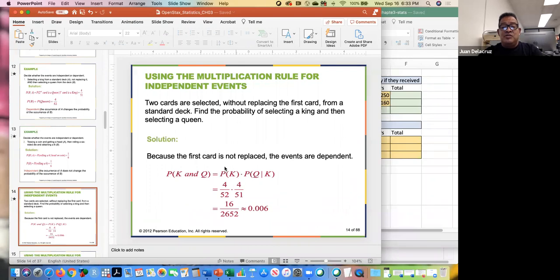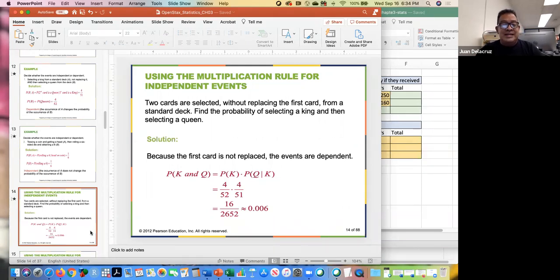Therefore, we have to use the probability of A times the probability of B given that A has already happened. In this case, A is the king that has already been withdrawn from the deck, and Q is B. So this is the probability of A times the probability of B given that A has already occurred. We have to think in those terms in order to organize the information.